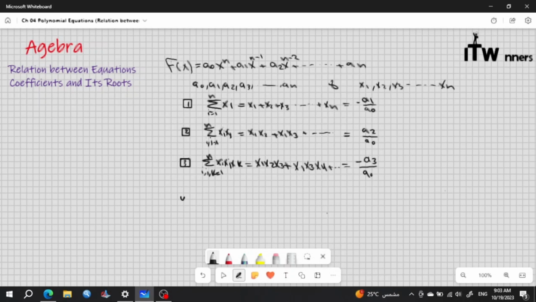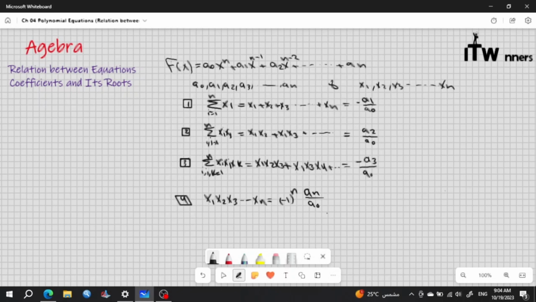Okay, the fourth is x1 into x2 into x3 into xn equals negative 1 power of n, and here we have an by a0.